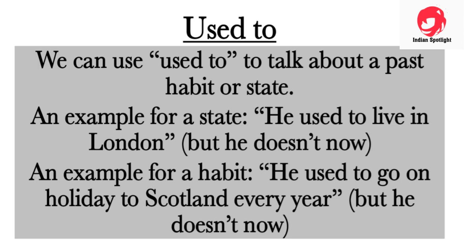Now you can find out that this sentence is telling that वो लंदन में रहता था. Right now he doesn't live in London. अभी वो लंदन में रहता नहीं है. But that state we are talking about is a past one.